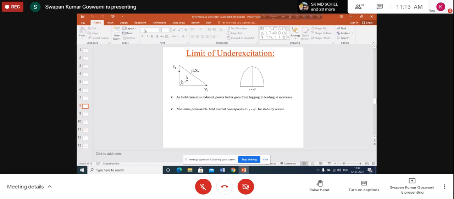Okay, but then what will happen? Because of excessive supply of reactive power, there will be a tendency of the system voltage to rise. Voltage at every bus will try to increase. You will be maintaining constant terminal voltage.